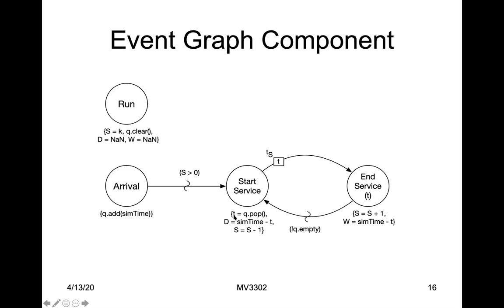And we're passing that time that they arrived to the end service event so that when it occurs, it has the value of when that customer arrived, and so it can compute the time in the system, W.